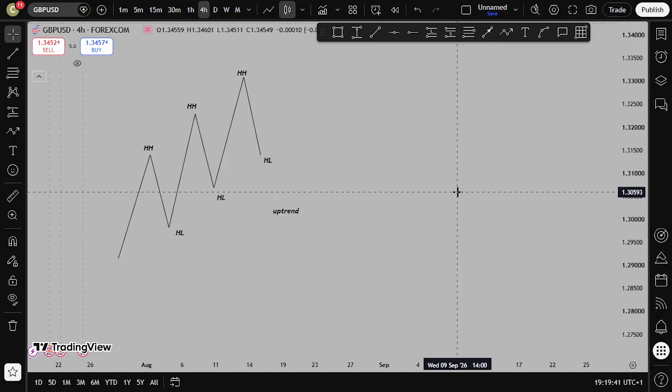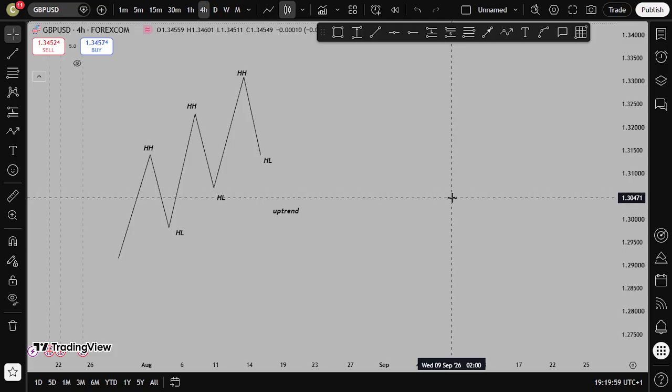As long as you keep seeing higher highs and higher lows, the market is bullish. Bullish is another term used for uptrend. When the market is in an uptrend, we say that the market is bullish.